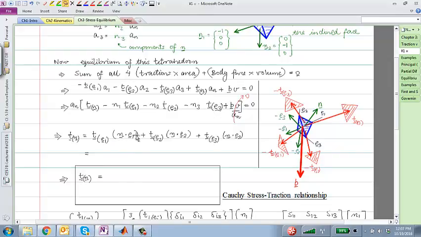We also know that this expression can be written as T sub E1 dyad with E1 acting on N. You agree?